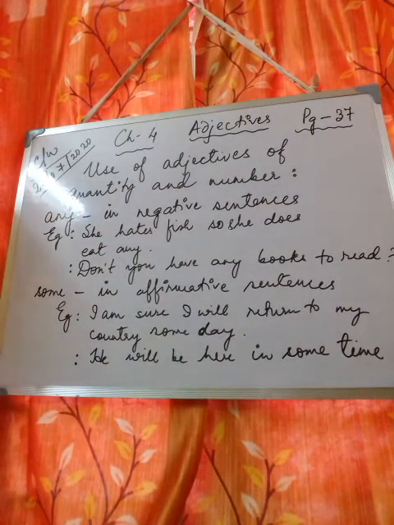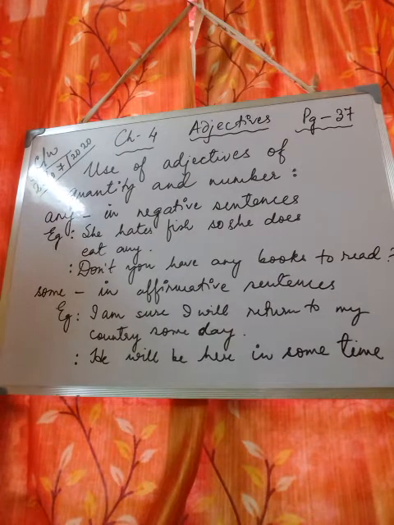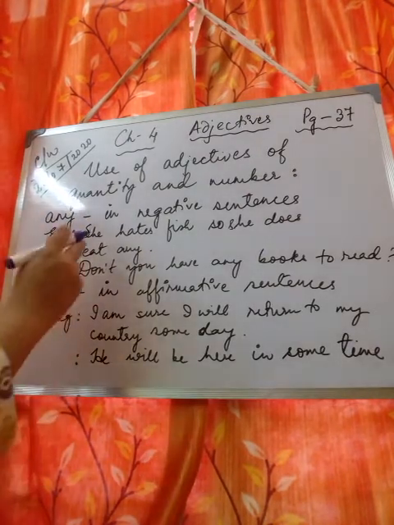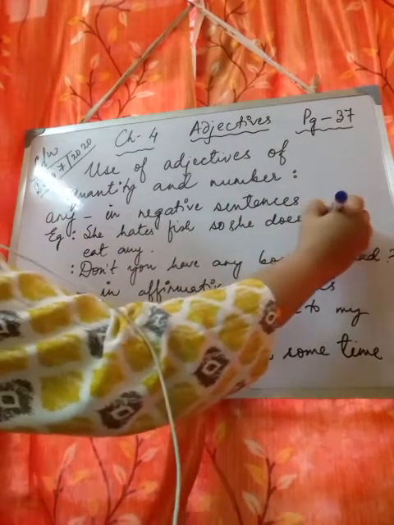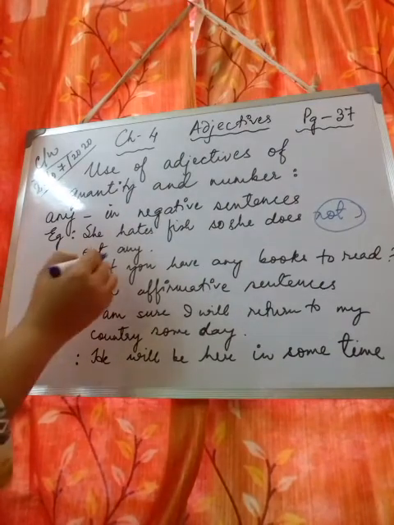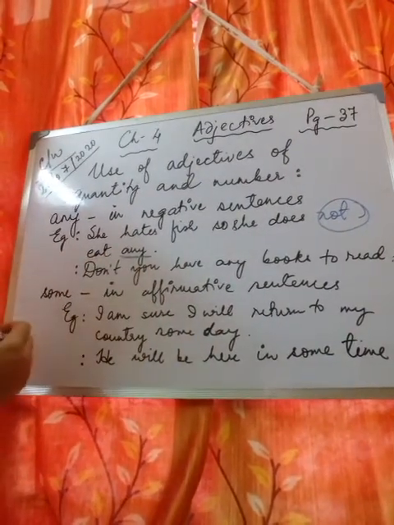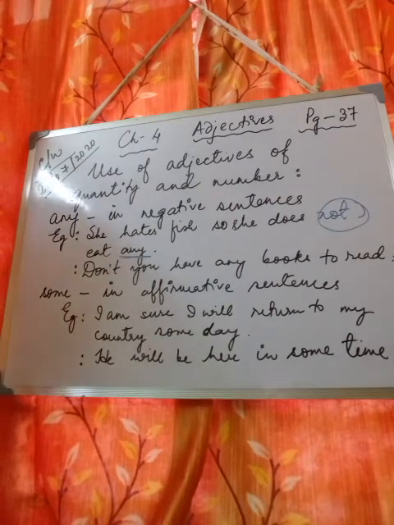A negative sentence is an assertive sentence that implies a negative meaning and that includes words of negation like no, not, never. So, this sentence here clearly is a negative sentence, and we use the not here after does because we use any here. Hence, she hates fish, so she does not eat any.